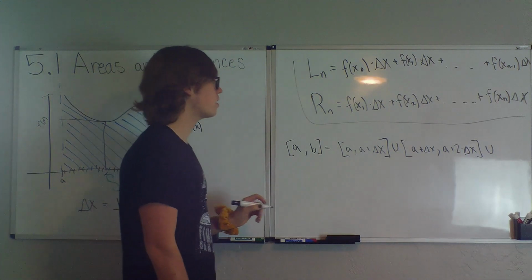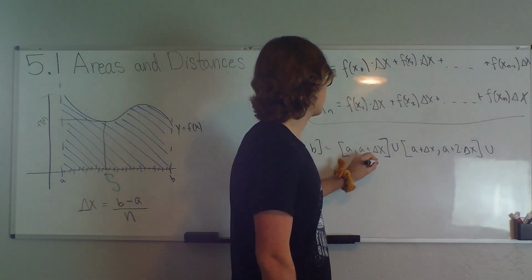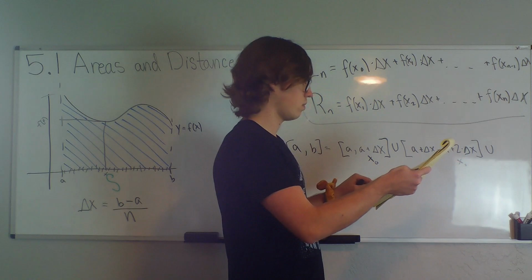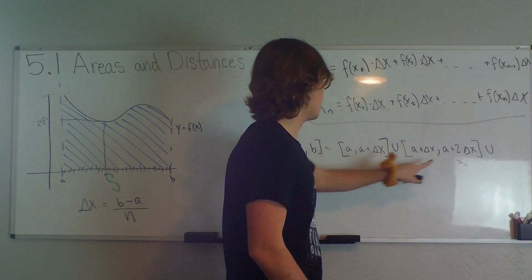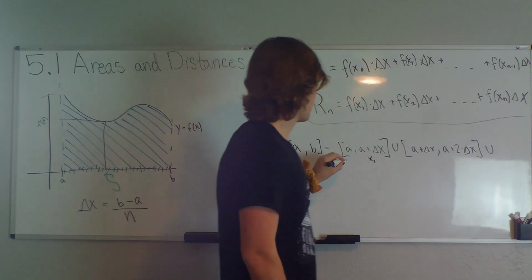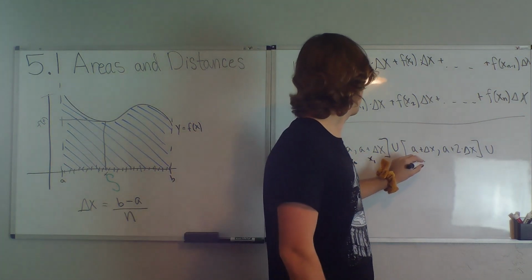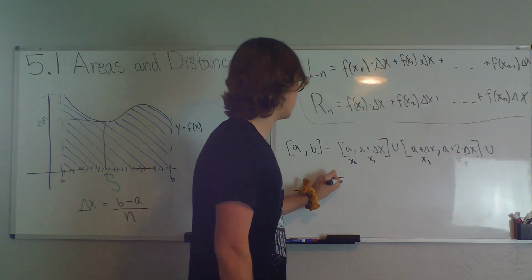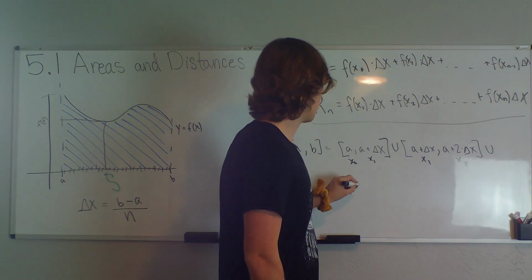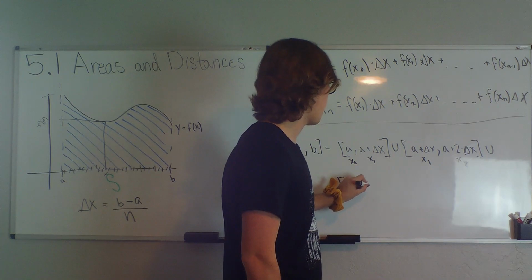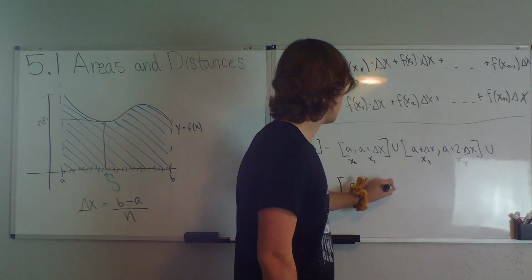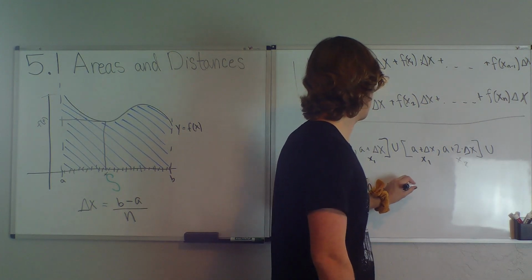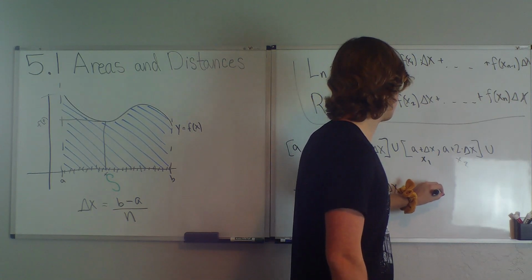We replace a with x naught, then a plus delta x is x1, then x2, and this interval continues until we go from a plus (n minus 1) delta x to a plus n delta x.